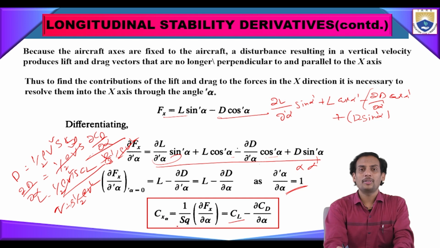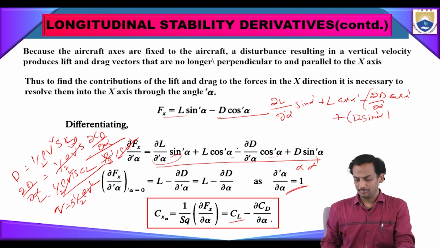So the total equation: Cxα will be equal to 1 by SQ into ∂Fx/∂α, which will be equal to CL minus ∂CD/∂α.